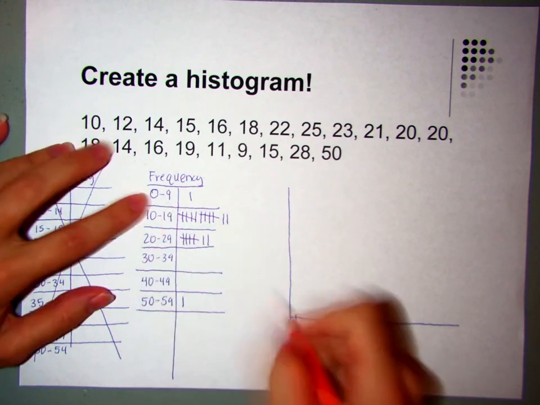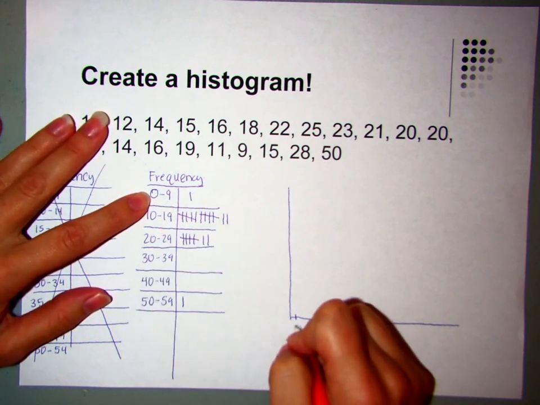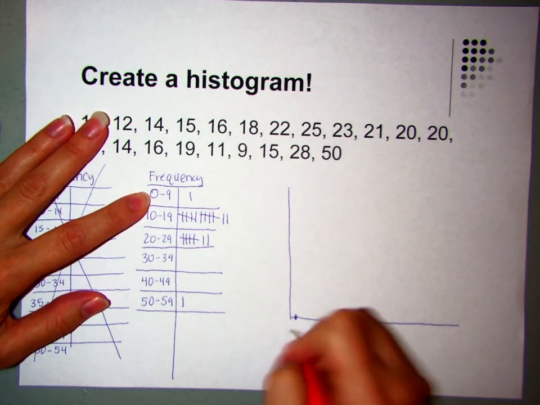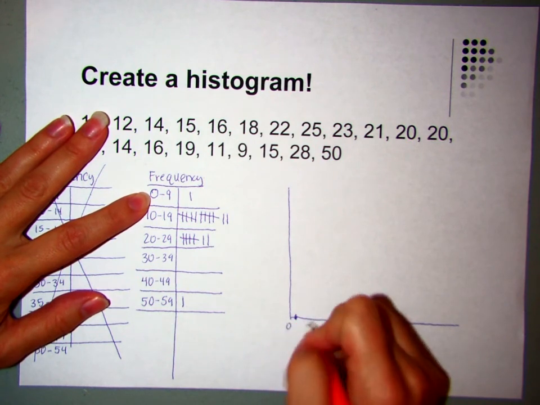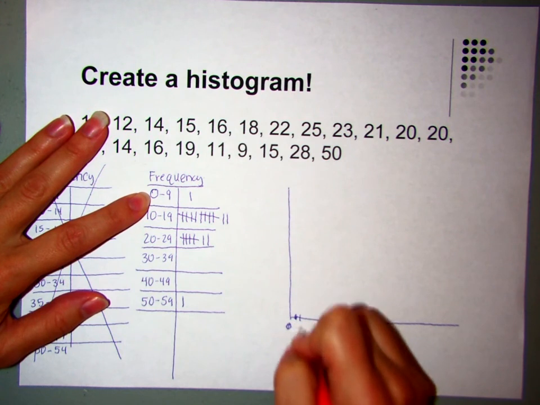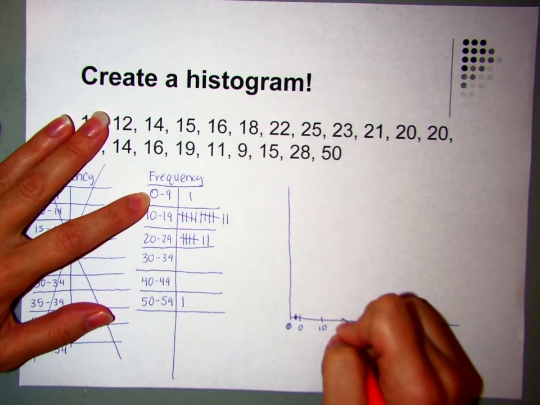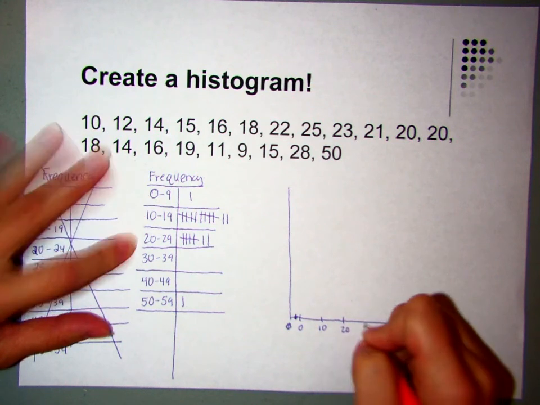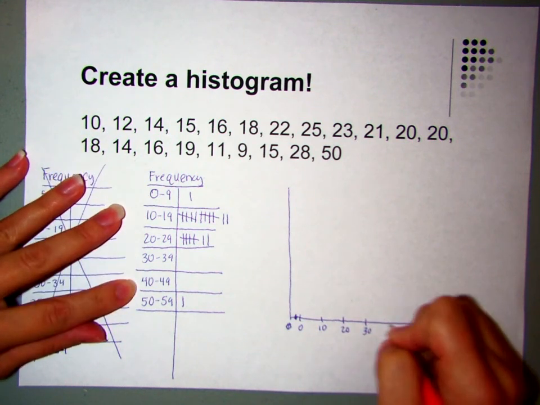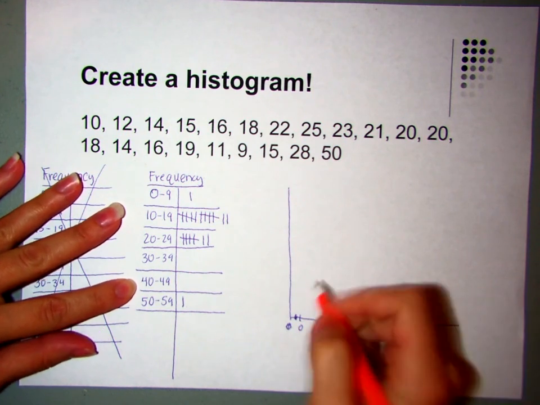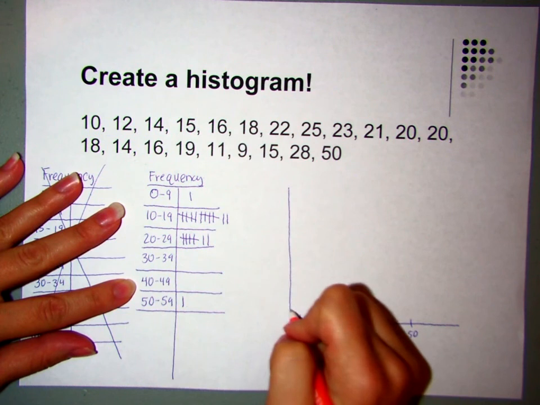We're going to start here from 0 to 9. Usually when you start at a number other than 0, you're going to put a mark here. So we have 0 to 9, which means this next tick mark would be 10, and our next tick marks would be 20, 30, 40, and 50. And then our frequency, we're going up as much as 12, so we need 12 at least.